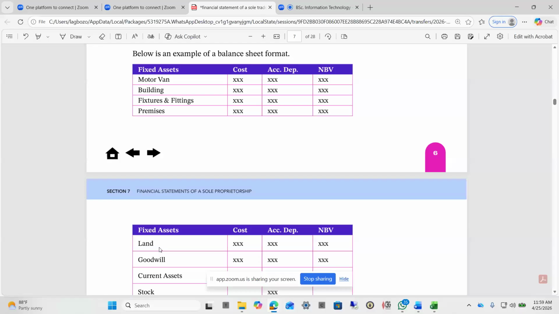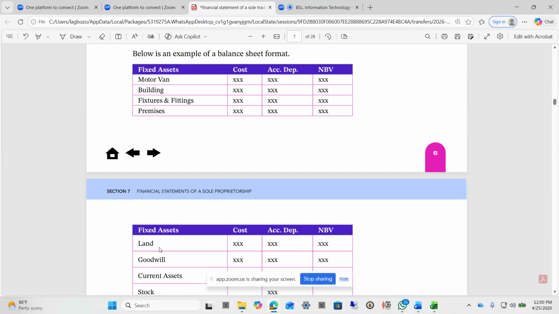So if I use it every year, I'm taking it that I've used 20,000. So every year you are setting 20,000 aside from your profit as usage of the asset you have used, and you charge it against your profit, every year 20,000, every year 20,000. So after the 5 years, you have recovered your 100,000. That is what we call depreciation, reducing in value of an asset due to its usage.